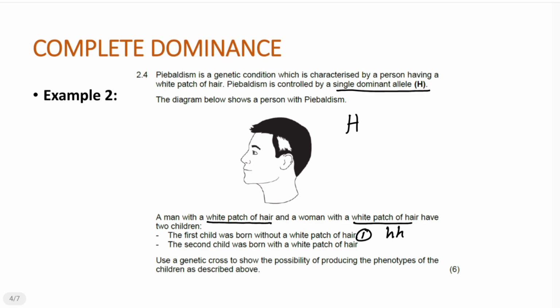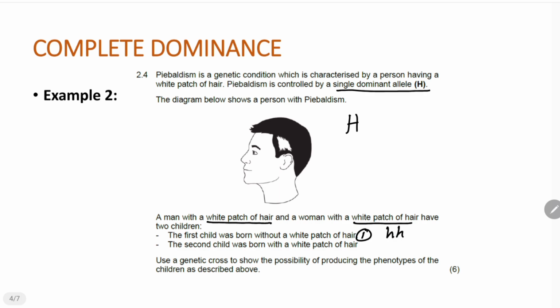So that is the only possible genotype. Because if this genotype was in a heterozygous condition, for example, if it was capital letter H and small letter h, then this child would have the white patch of hair, since the dominant allele there would determine the phenotype. So for this child, the genotype has to be small letter h.